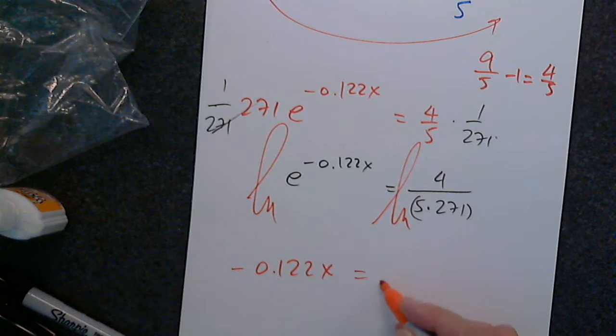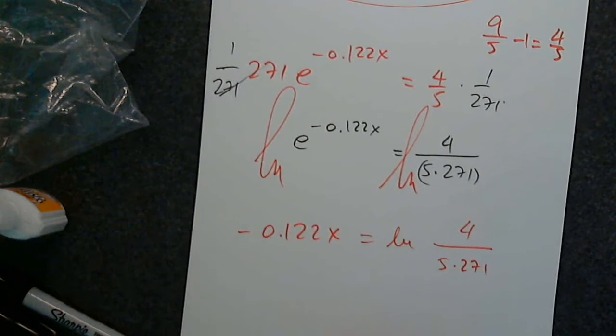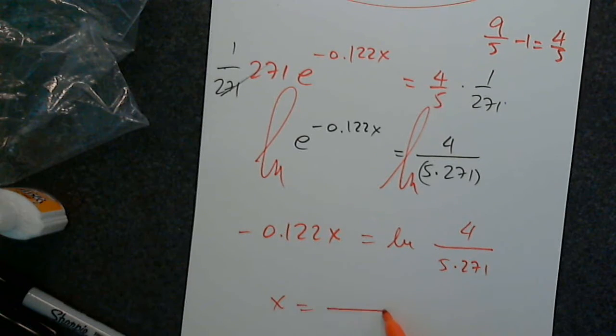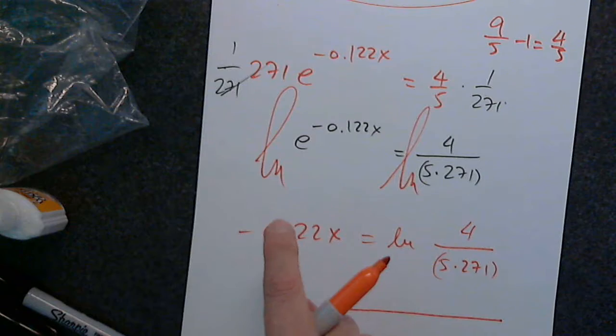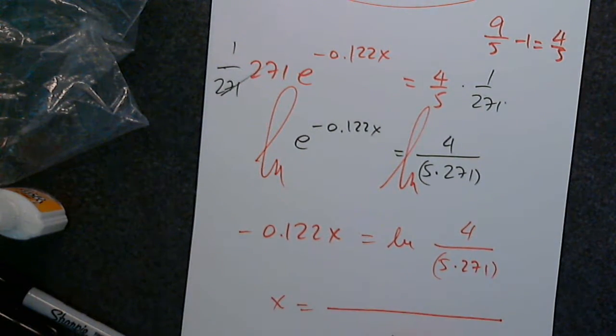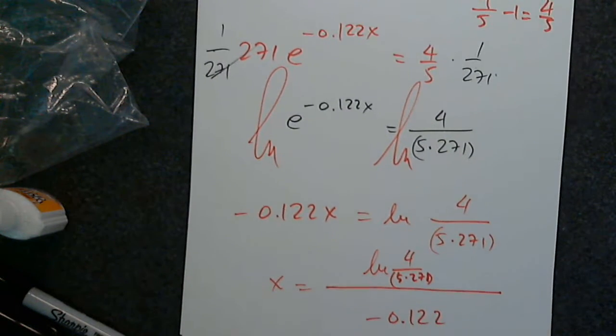Very good. Equals natural log of 4 over 5 times 271. What would be the final step? This over negative 0.122. The top is natural log 4 over 5 times 271, and the denominator is that.